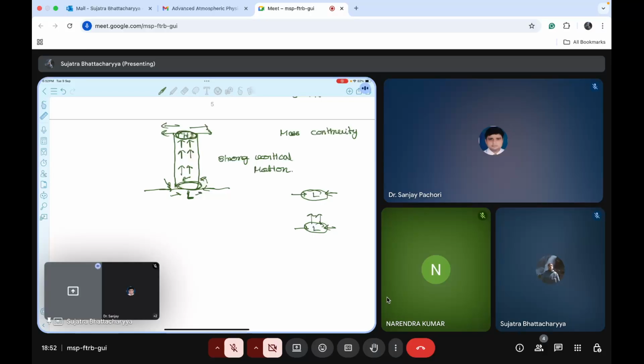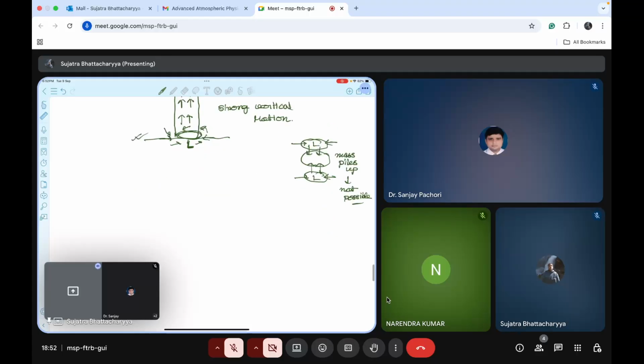There is upward motion here, but a downward motion here. So mass will pile up here, which is not possible. It is not a very stable kind of system. So this is how it looks.